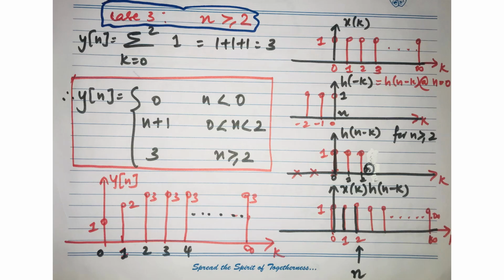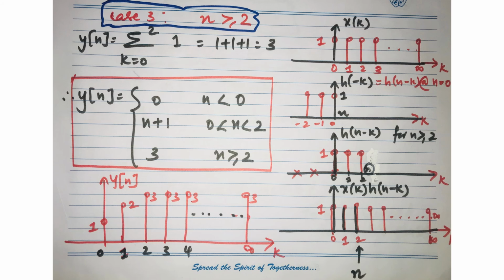Coming to the last case, that is n greater than or equal to 2. In this case, I need to shift h of n minus k towards right. It should be greater than or equal to 2. So then you multiply x of k and h of n minus k.